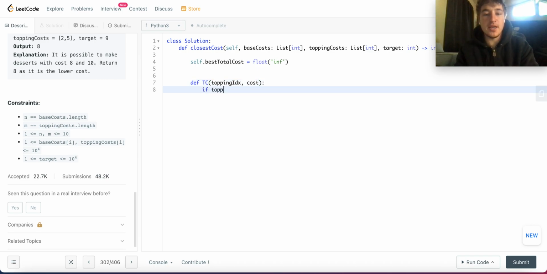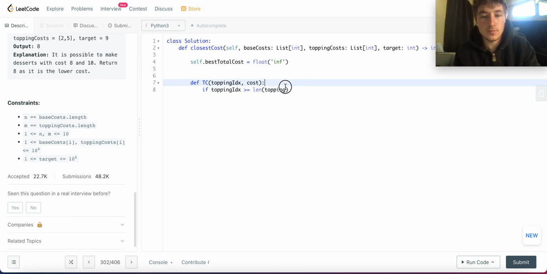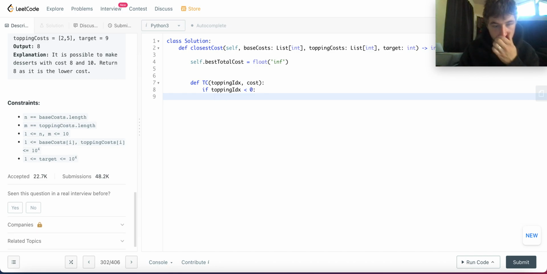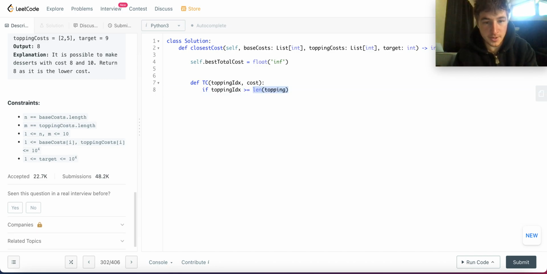Now, if topping index is greater than or equal to the length of topping cost, that means that we've already looked at all of the toppings. Or maybe we'll just do less than 0, so we'll go in the opposite direction. No, that makes it seem more confusing. Okay.